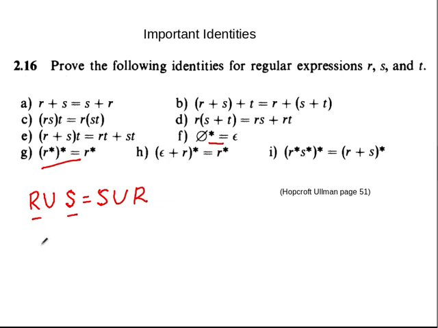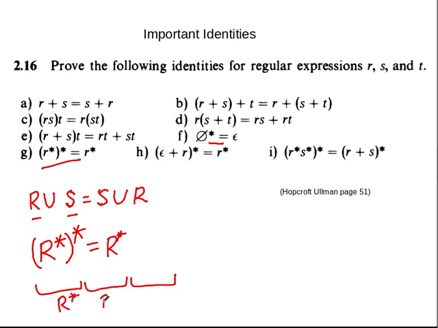For example, for any language R, we define this Kleene star, and then you can try to prove that if you take the star twice, this is equal to this, right? This is understandable, because you are taking multiple strings and concatenating them.